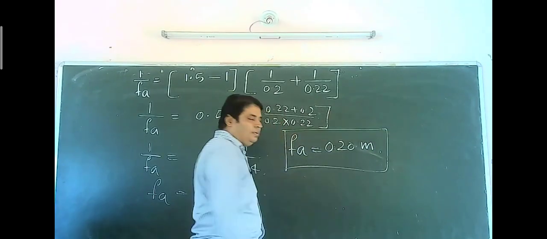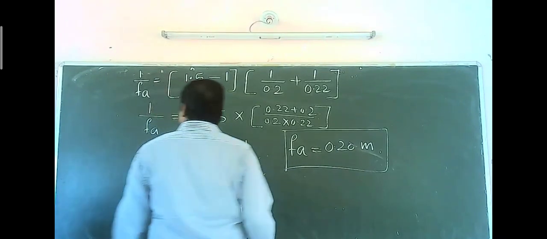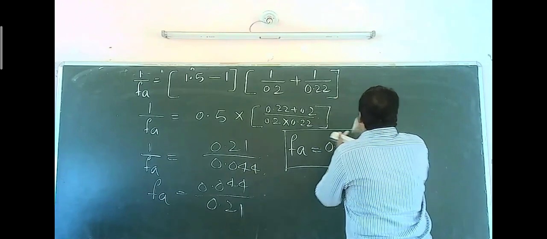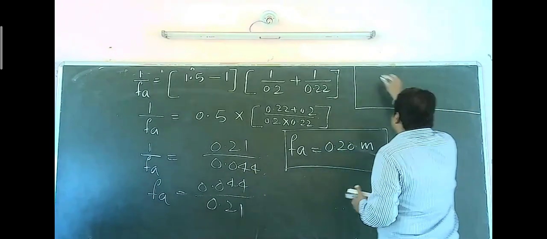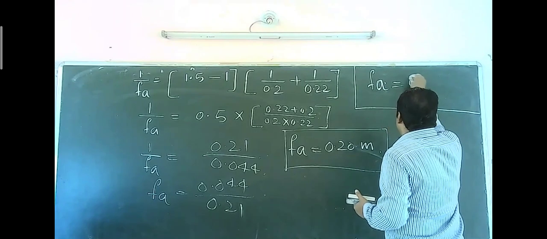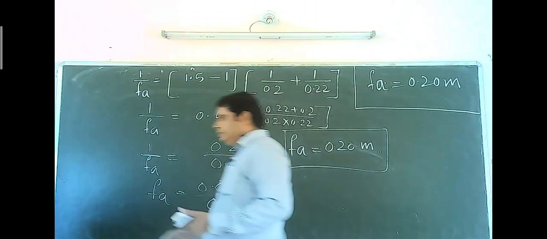This is the focal length of your lens in air. Somewhere here I will write f in air is 0.21 meter. Okay.